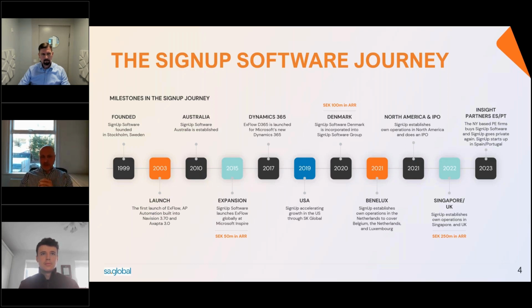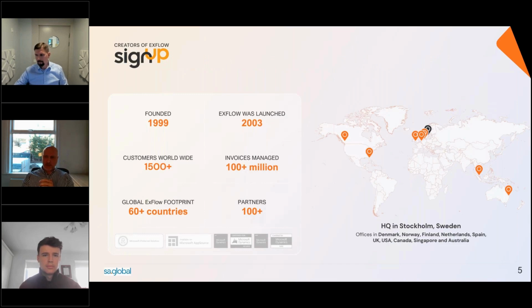And then the rest really shows the growth of SignUpSoftware, both in terms of global footprint, annual revenues, and importantly, the product itself being made available to Dynamics 365 right up to present day, where SignUp opens offices in Spain and Portugal.